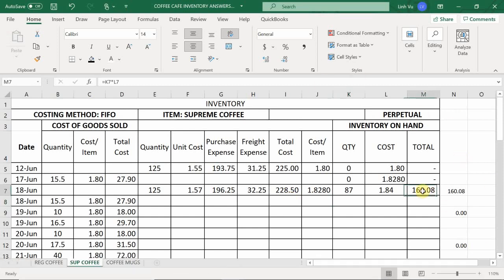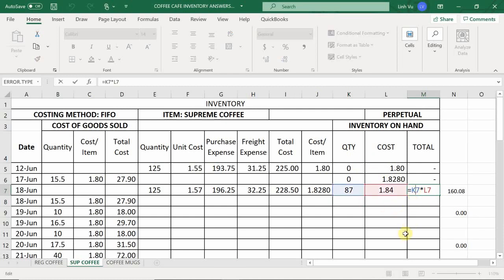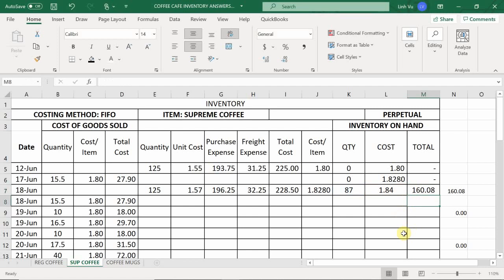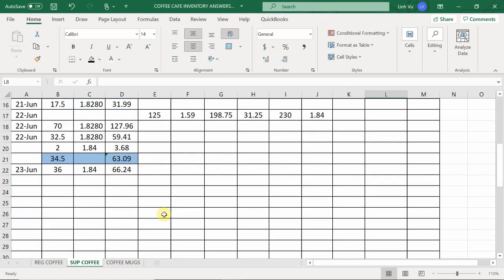170.08 is just my quantity times my cost. And I should get 160.08. What's the total cost? Just to see the chart. Can you go down a little bit? Total cost down here.